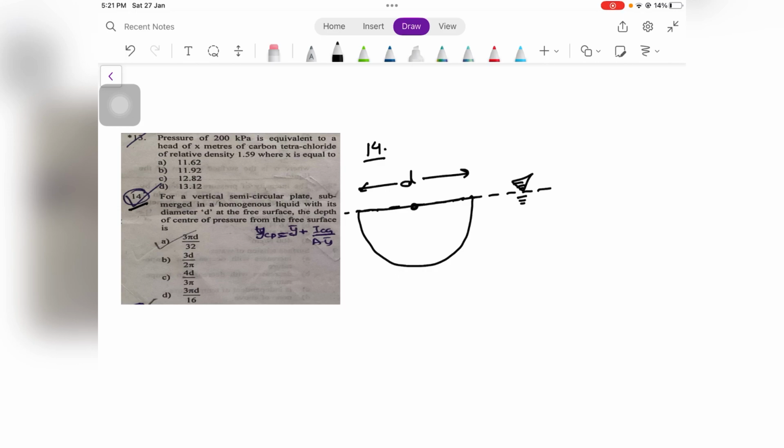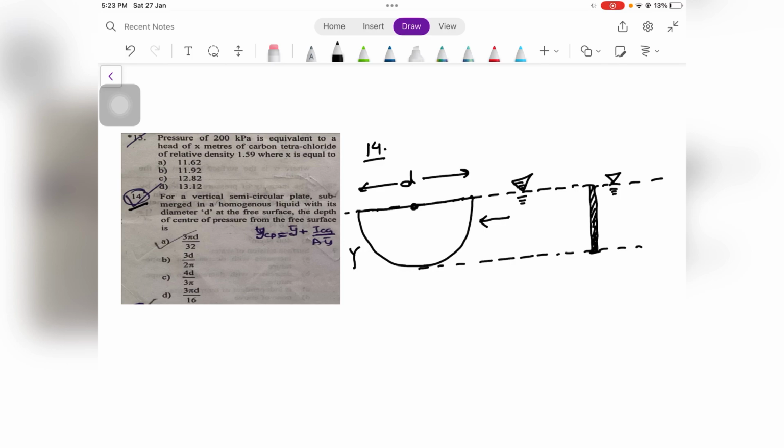So this semicircle is immersed in such a way that its diameter is just touching the free surface. If this is the side view of this semicircular plate submerged in this homogeneous liquid, this is how it looks if viewed from this side.